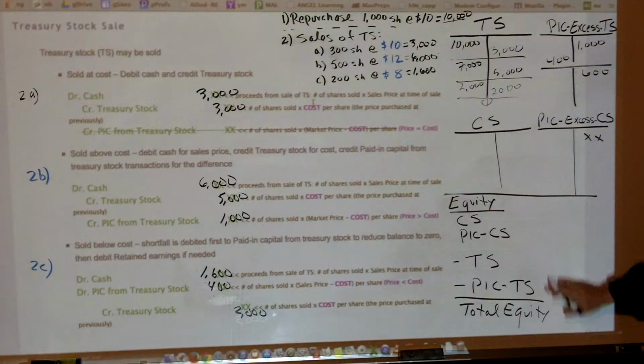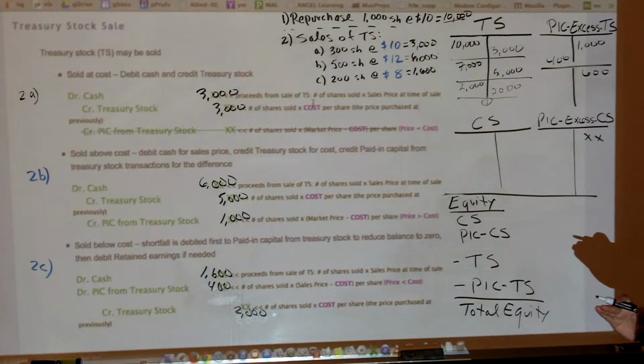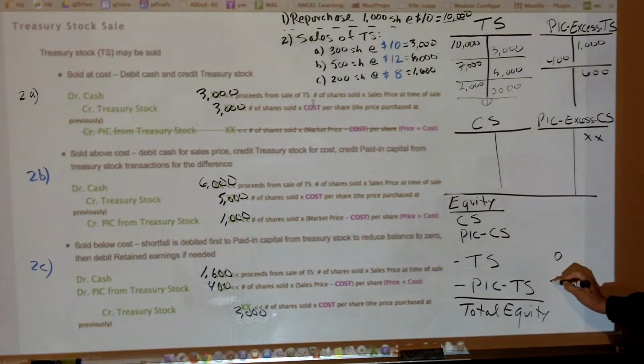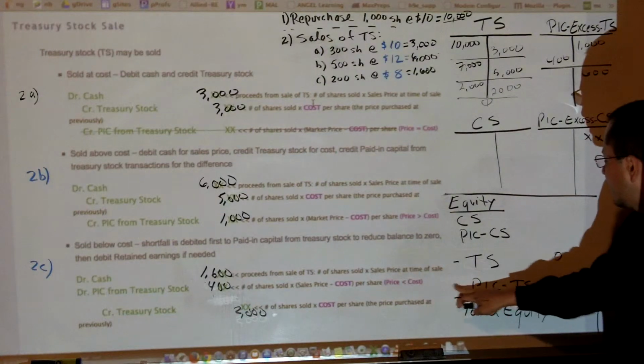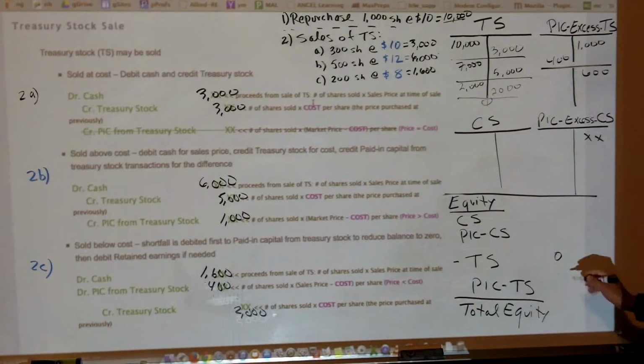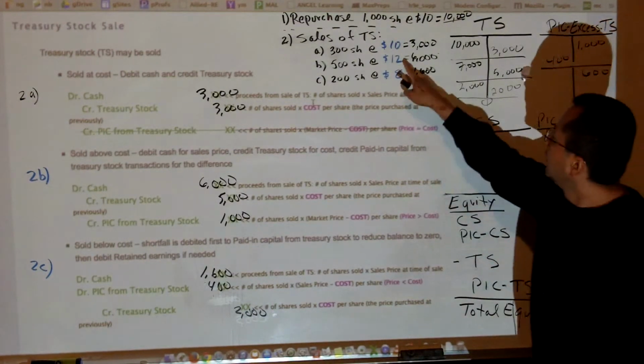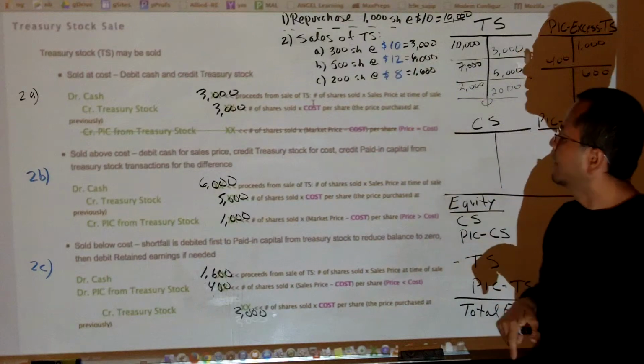With respect to the equity section, you would then see treasury stock here. This way there's nothing left, so there will be 0, so there will be no effect. But we would definitely have here a PIC treasury stock. In fact, this will be not a negative actually, of $600. So this will actually increase equity by 600 because we actually got more than our cost once we resold it.